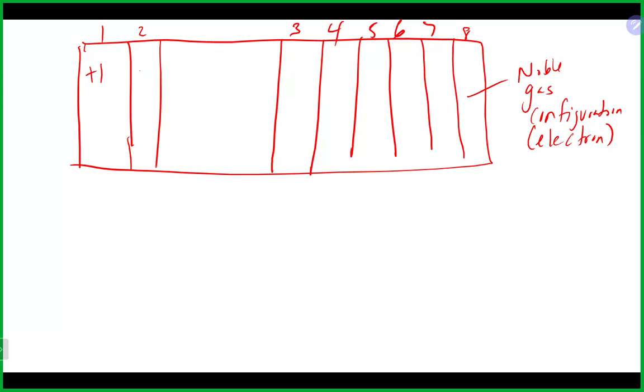Everybody in group 2 will make a +2 charge. Over to group 3, for the most part, aluminum is pretty much the element that you're going to really see the most. Sometimes gallium's included, which is right below it, but usually it's aluminum. And aluminum will make a +3 charge.